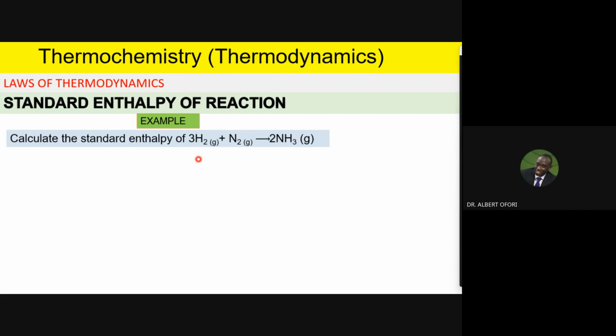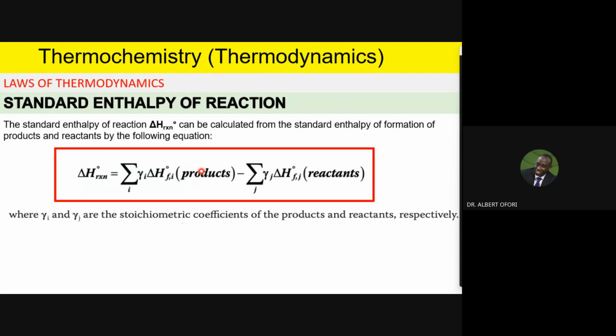Okay, so we are just going like this. I want to find the standard enthalpy, and it's standard because we are going to be using standard formations. These are standard conditions.